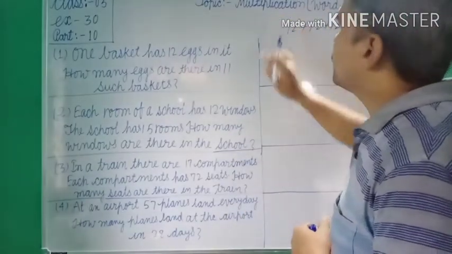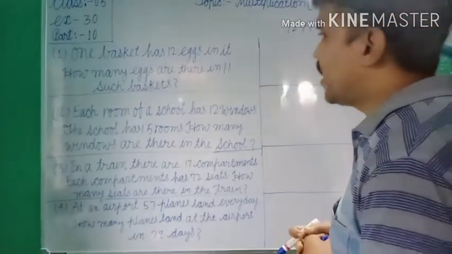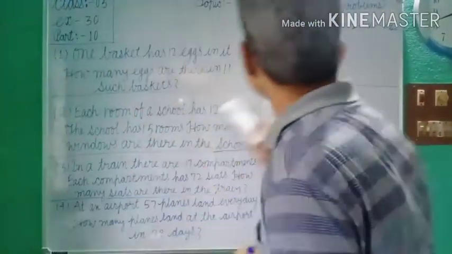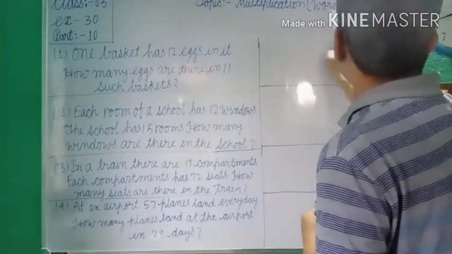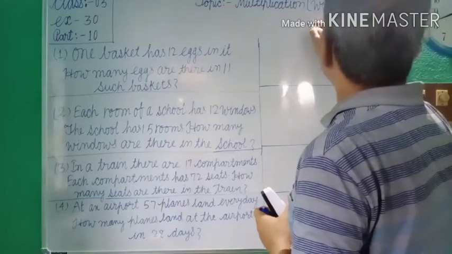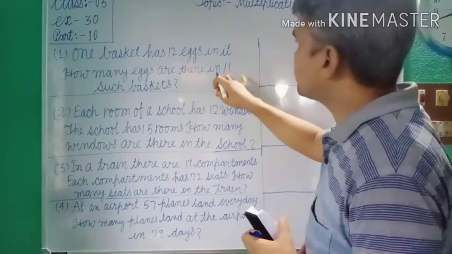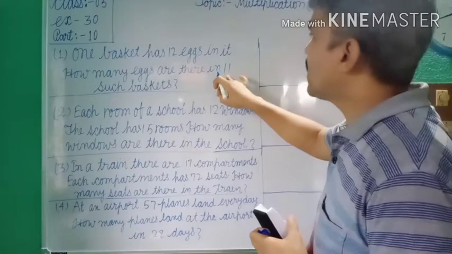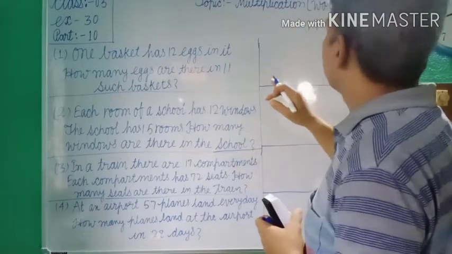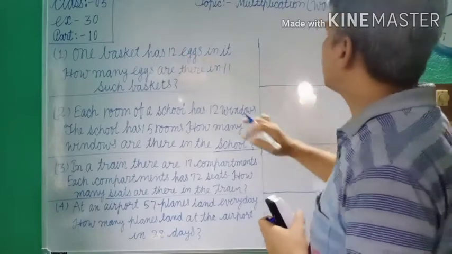But your chapter is multiplication, so first of all you write: 11 baskets, and one basket has 12 eggs.